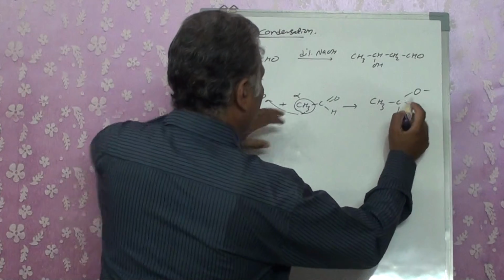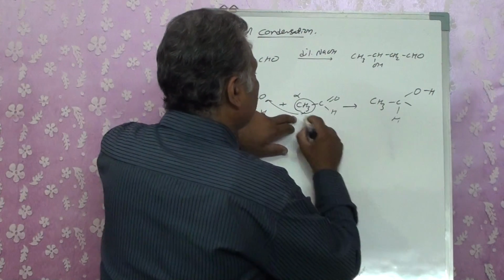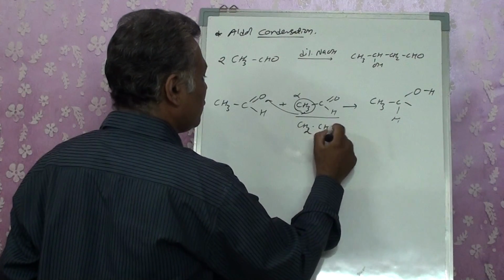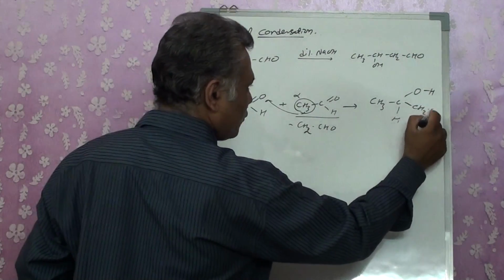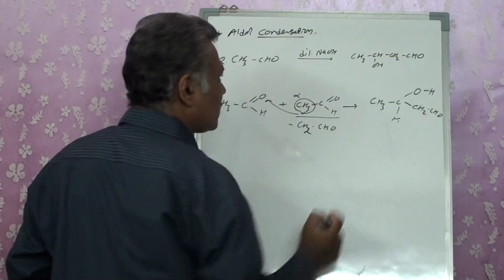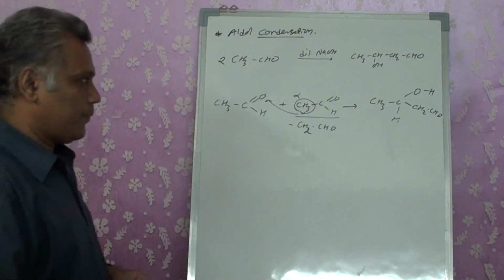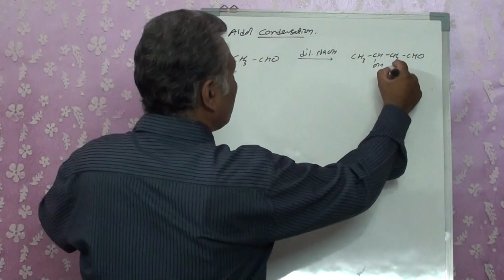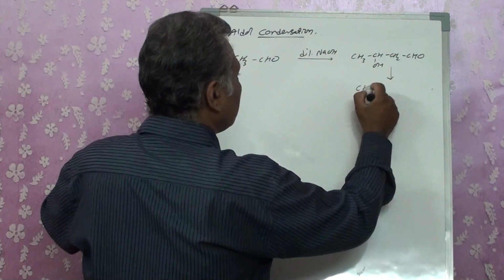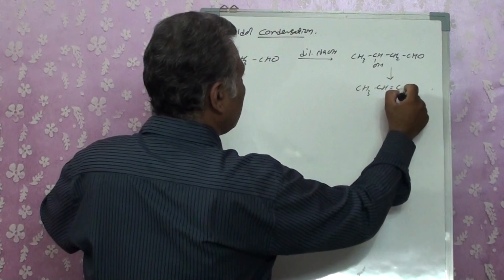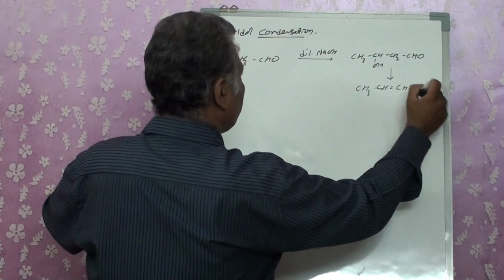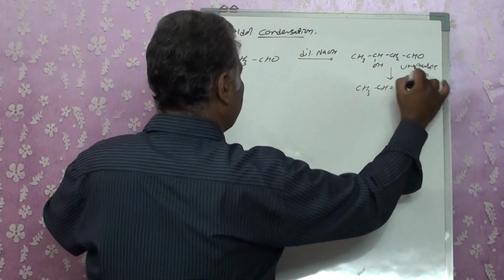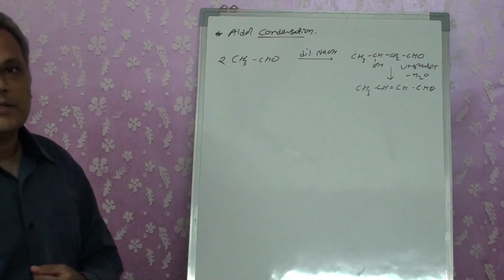Hydrogen from the alpha carbon reacted with oxygen. What is left out of this component is CH2CHO, and that gets attached over here. So it produces CH3CHOHCH2CHO. But this is unstable. It goes for beta elimination, giving CH3CH double bond CHCHO. It is unstable, loses H2O, and gets stabilized.